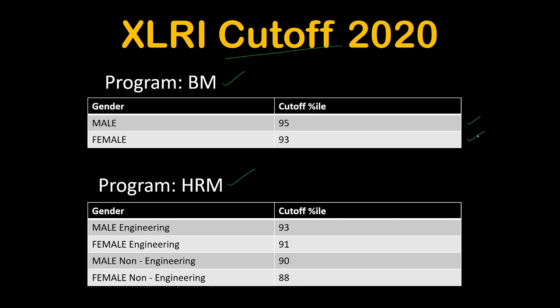Coming to HRM, males who pursued engineering had a cutoff of 93 percentile, females who pursued engineering had a cutoff of 95, non-engineer males had a cutoff of 90 and non-engineer females had a cutoff of 88 percentile. Thus, in a nutshell, if you score a decent percentile of 95 to 97, it will lessen the pressure during interviews and also enhance your chances of converting your call.